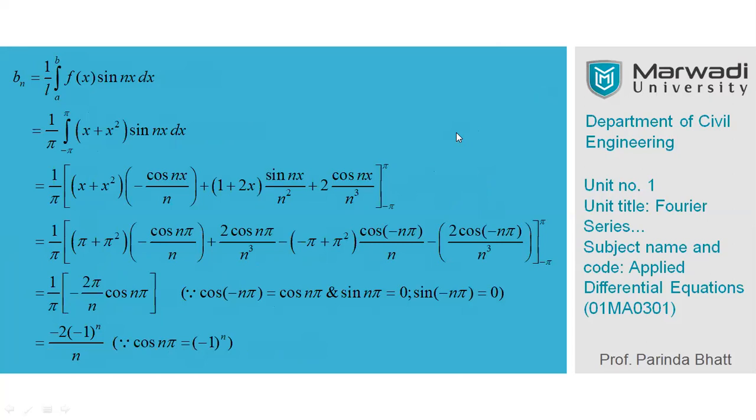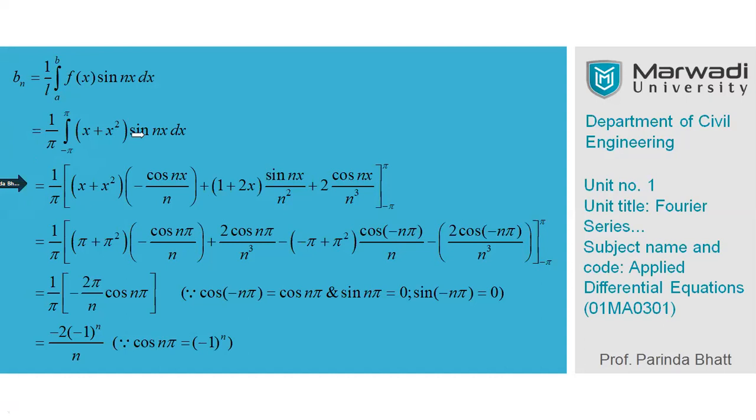The same way we apply the Leibniz rule. This is the formula: 1 by L integral a to b f of x sin nx dx, which is 1 by π integration from minus π to π of x plus x square times sin nx dx. Then apply the u dot v rule.